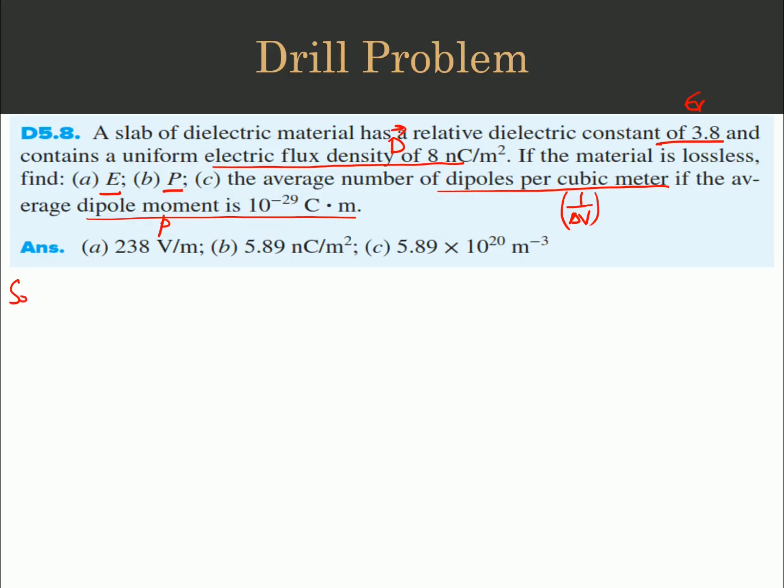So let us solve this. This is a very simple problem. We need to find, in the first part, the electric field intensity. So the electric field intensity in magnitude is required.